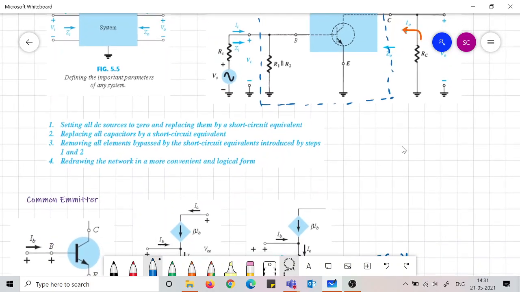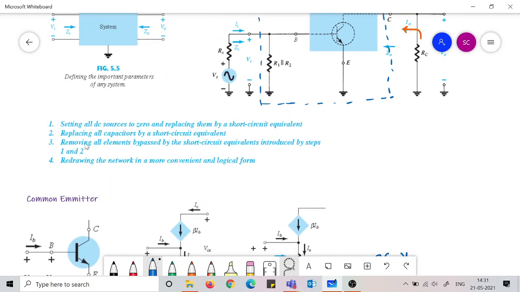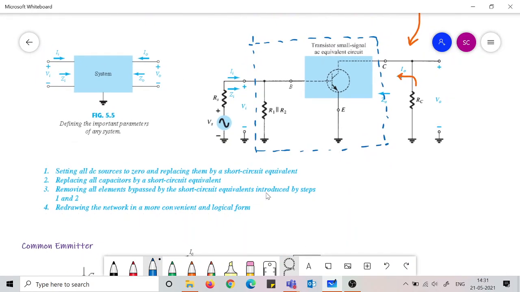Now there are some points you just note down, on how we are doing the AC equivalent circuit. We are setting all the DC sources to 0, then replacing all capacitors by short circuits. Then if there are any elements being bypassed due to the capacitors getting short circuited, then they are also short circuited, and then we are redrawing the network in a more convenient and logical form as we have done in this picture.